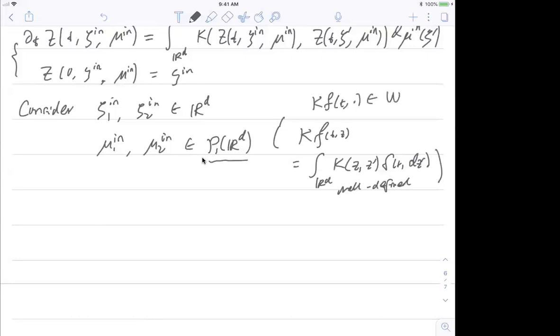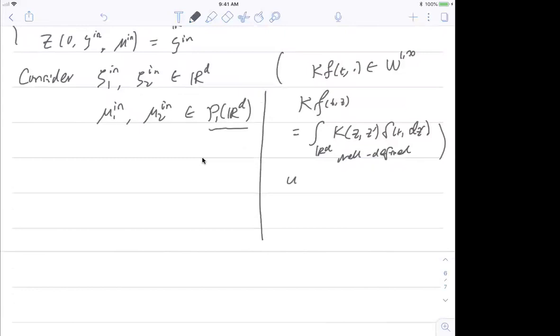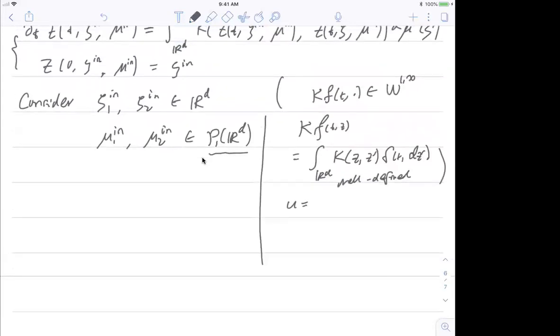So we have this automatically, and this is important. There are two things that are very important. I will put here a side remark: U in our case is the velocity field of the mean field characteristics. So U is just the capital K f.